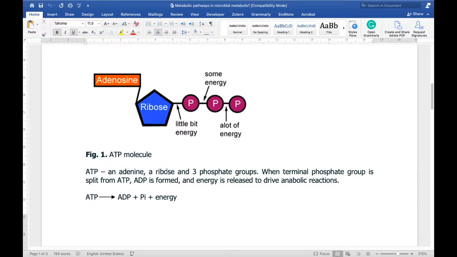ATP is adenine, ribose and 3 phosphate groups. When the terminal phosphate group is split, ADP is formed and energy is released to drive anabolic reactions. So ATP produces ADP plus phosphate plus energy.